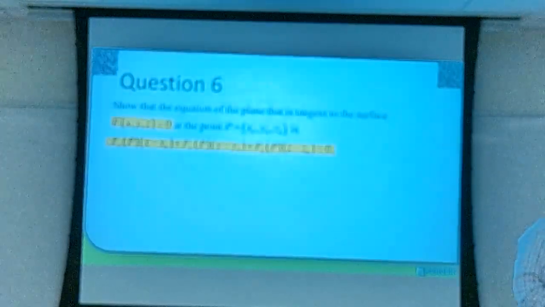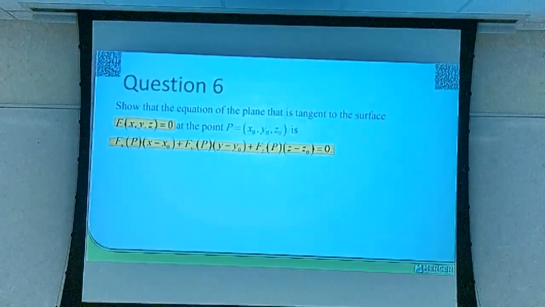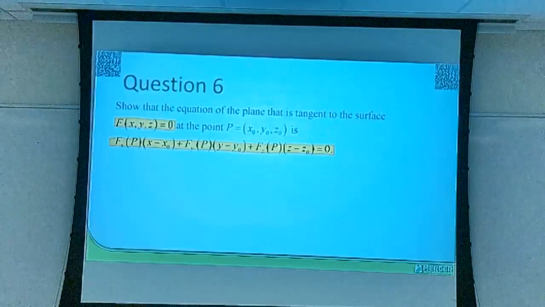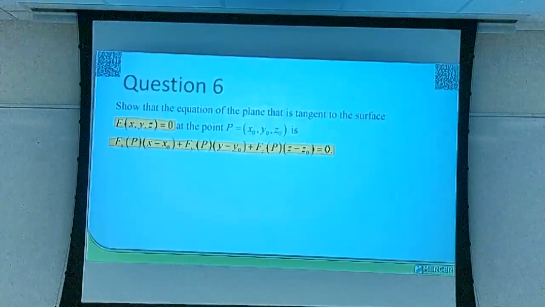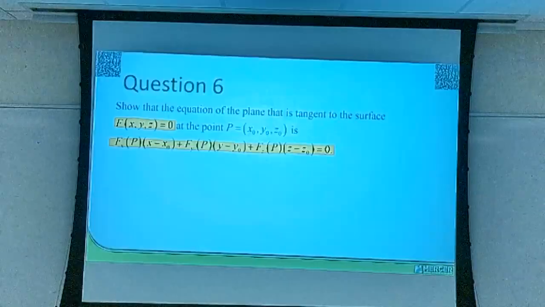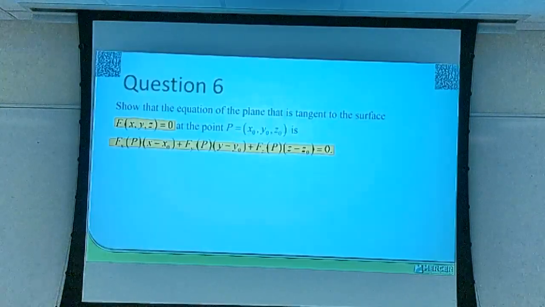Remember, it's the coefficient of x, y, and z, back to when we studied planes. What is f sub x?